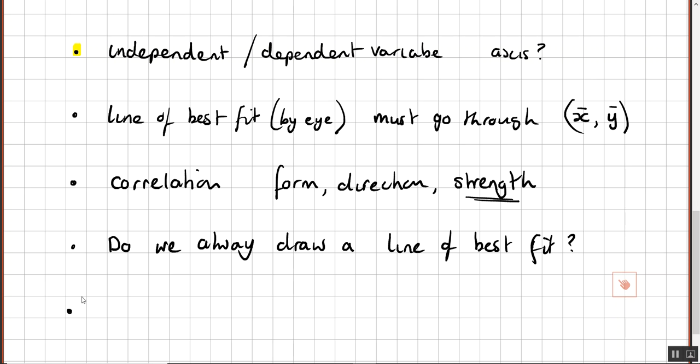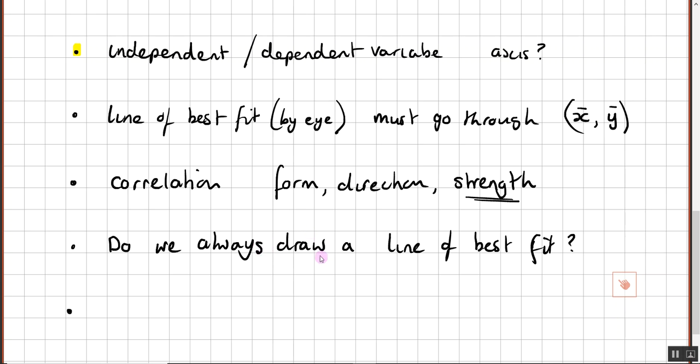It's similar to the idea of doing least squares regression analysis. We're looking at the distance of all the points from their line of best fit, and obviously if points are far away from their line of best fit, the correlation is weaker. Okay, so that's what we're looking at.